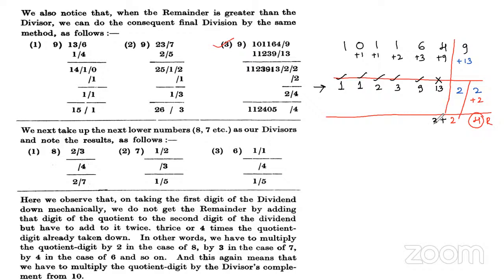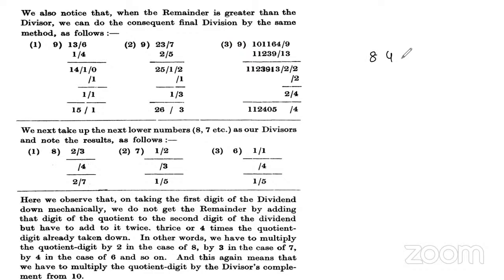So first we are taking 3 and the extra digit will be carried forward, so that it will be 10. So I'm taking 0 and this 1 again carries to the next number. Then I'm getting 4, and the next will be 2, 1, 1. So 112405 is my quotient and the remainder will be 4. This is the correct way of solving.